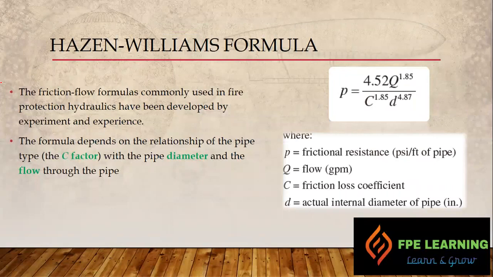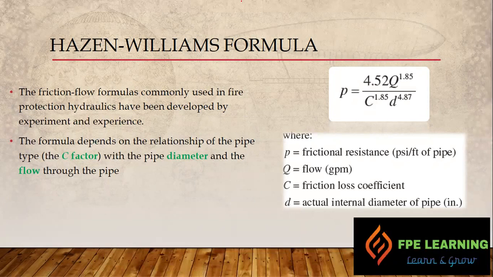Okay, the last one we have is the Hazen-Williams formula, the most commonly used in fire protection hydraulics. It has been developed by experiment and experience, right? This formula depends on the C factor, diameter, and the flow through a pipe.